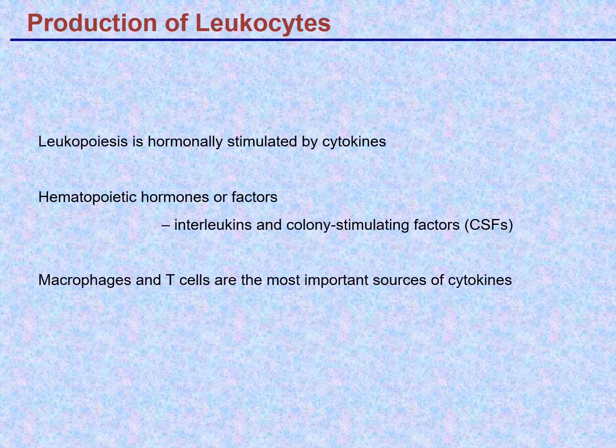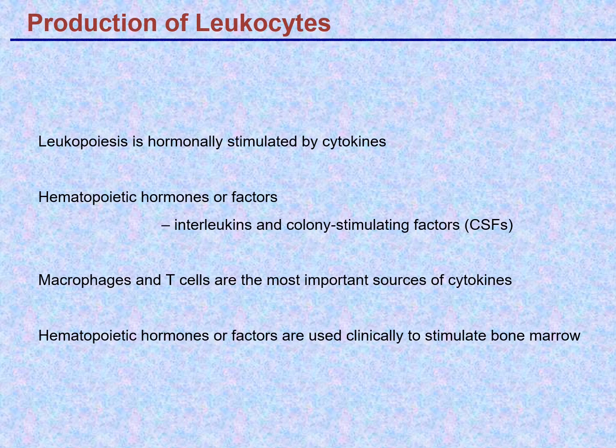Okay, we're going to talk now about production of white blood cells, or leukopoiesis. We already introduced the term hematopoiesis, which is a general term for any kind of blood cell production, and erythropoiesis is specific for red cells, and leukopoiesis is a term for white cell production.